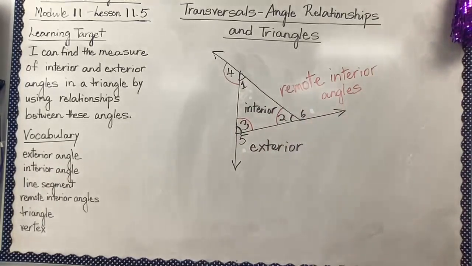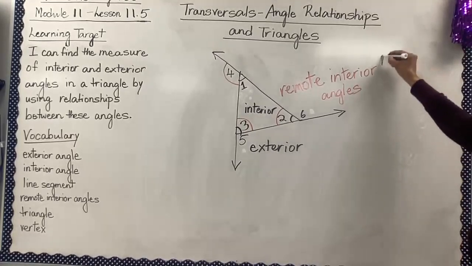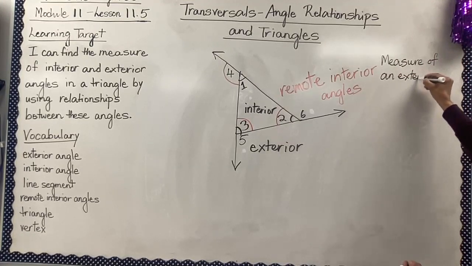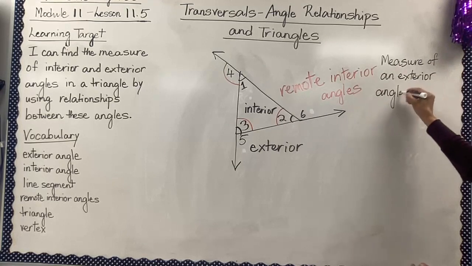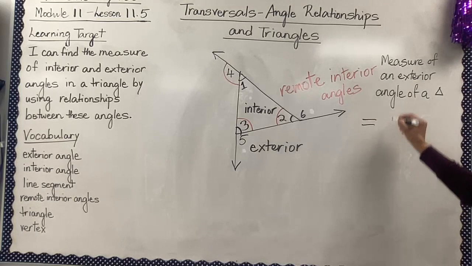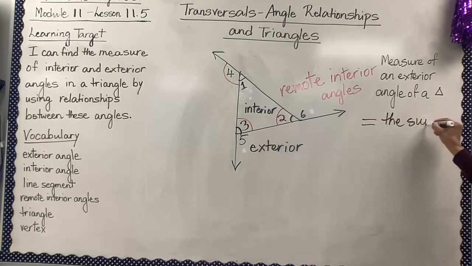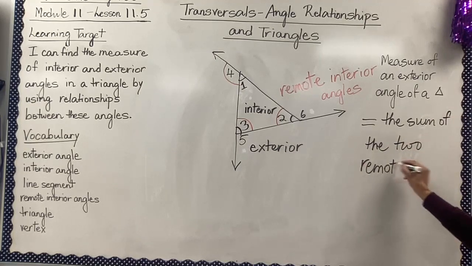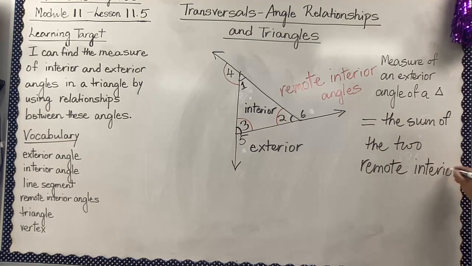Okay. So one thing you also need to remember is that the measure of an exterior angle of a triangle is equal to the sum of the two remote interior angles.